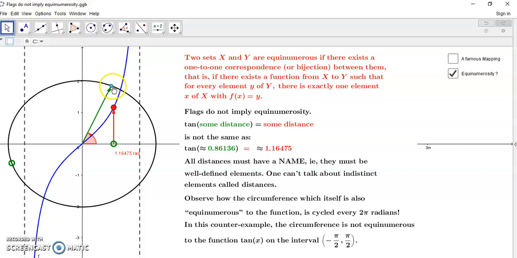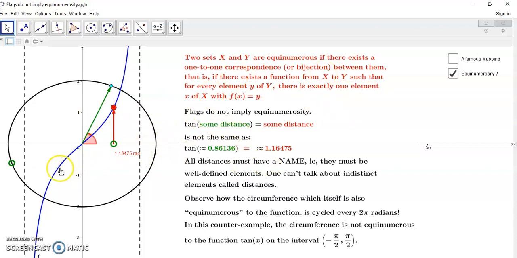It doesn't matter how many flags you can place along the circumference of a given distance. You can always have infinitely many supposedly flags between them. So to talk about equinumerosity in terms of flags is a particularly useless concept, and that's what it means. That's the only way you can have this bijection, okay?